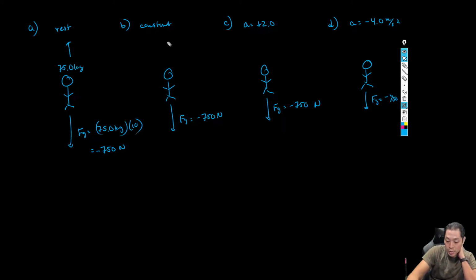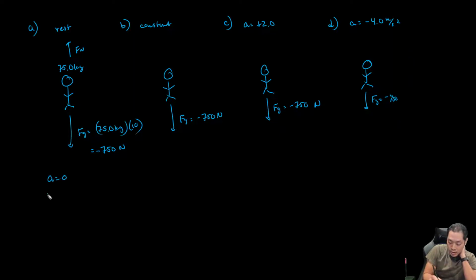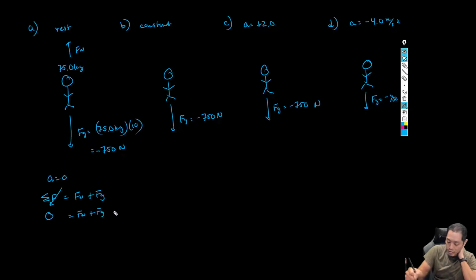So at rest, A is equal to 0. So sum of all forces is equal to force normal plus force of gravity. Since A is 0, that's 0, so force normal plus force of gravity equals 0. If you move gravity to the other side, you get negative force of gravity equals force normal. So equal but opposite. If this is negative 750, this one is positive 750.